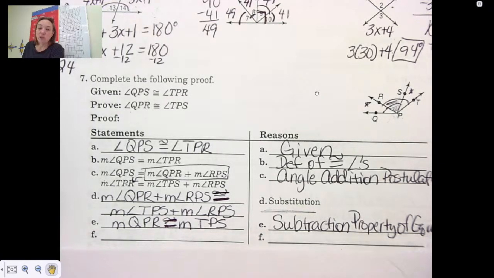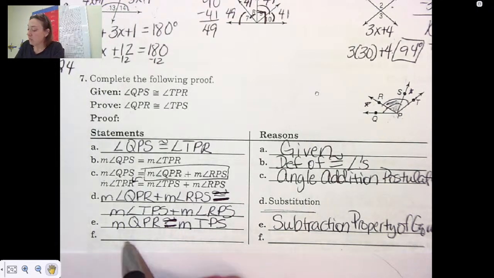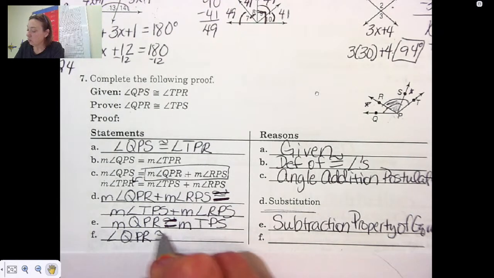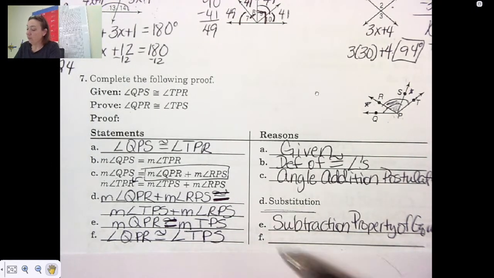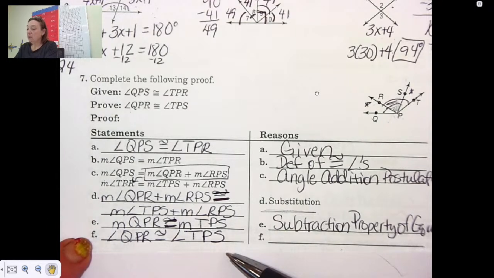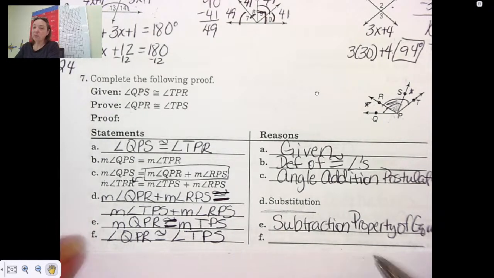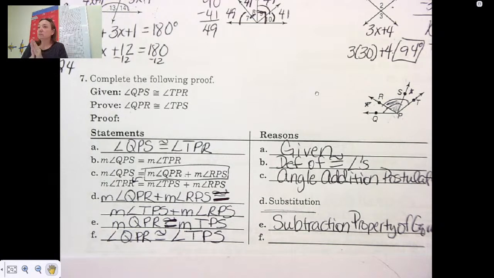That should say equal. So what is our next step? We know their measures are equal. What does that tell us about the shapes? They're congruent. So that means that angle QPR is congruent to angle TPS. Now that's going from the measures to the shapes. Any guess what our reason's going to be on that? What's our reason going to be? What, Donovan?